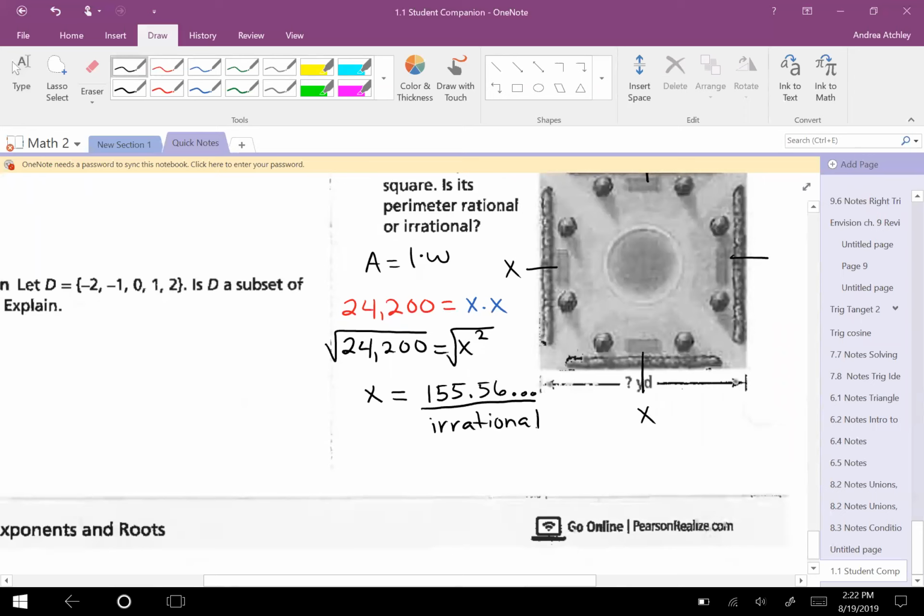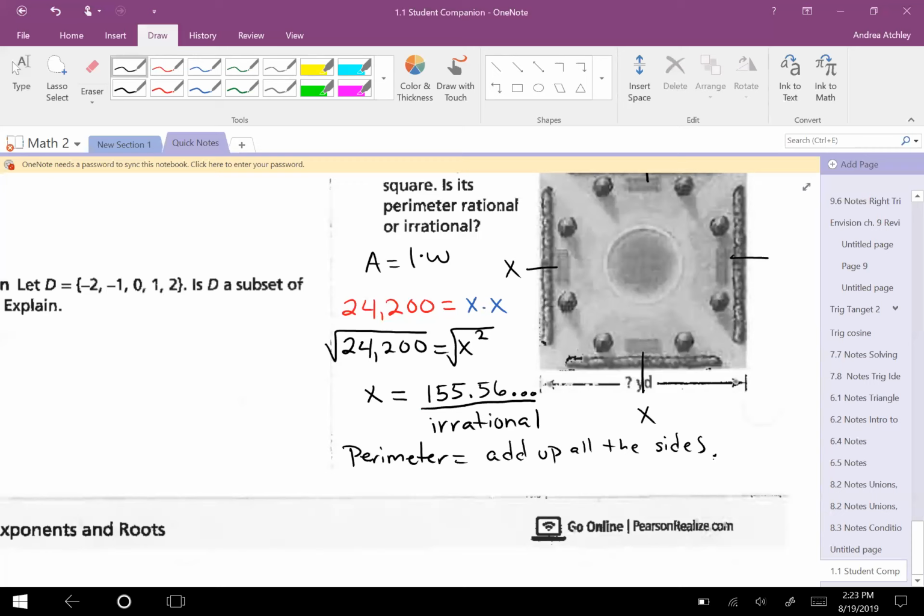Okay, now we also need to review what perimeter is. What's perimeter? Adding up all the sides. Okay, so if I add a bunch of irrational numbers, is my answer going to be irrational or rational?